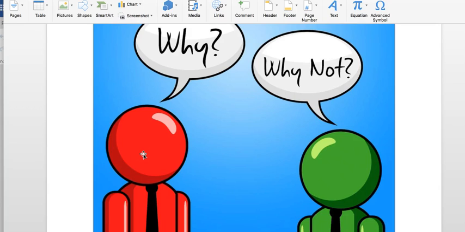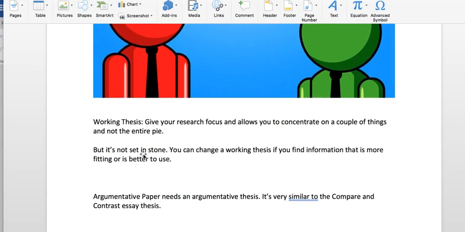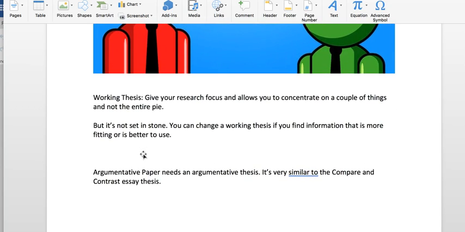Okay, so let's talk about what a working thesis is. And you've probably heard about this. You probably haven't. A working thesis essentially focuses your research and is a big transition between the research and the paper. So you've done research all through the entire semester.